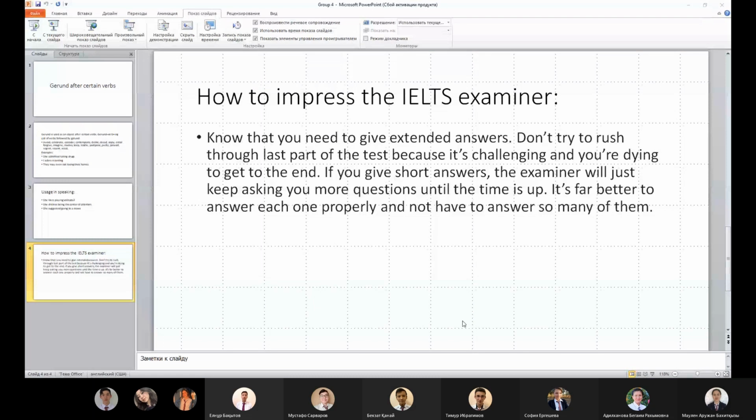Don't try to rush to the end. If you give short answers, the examiner will just keep asking you more questions. It's far better to answer each one properly and not have to answer so many of them.